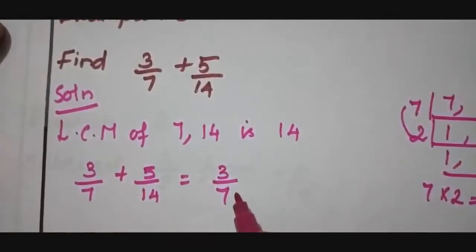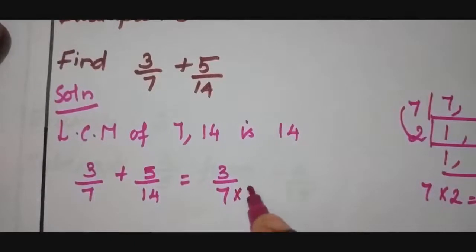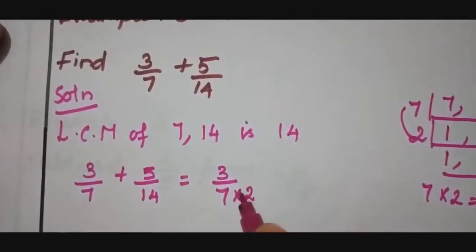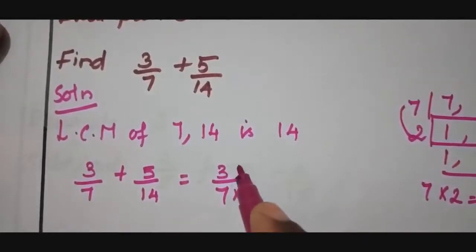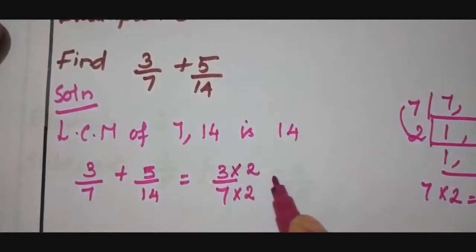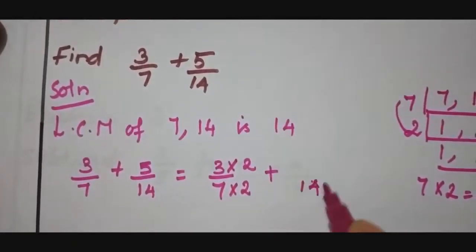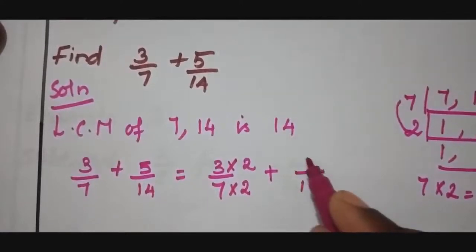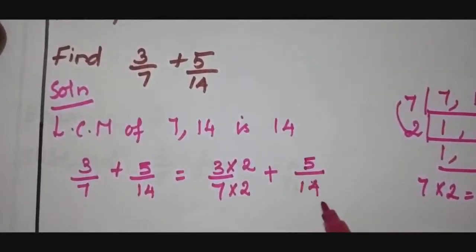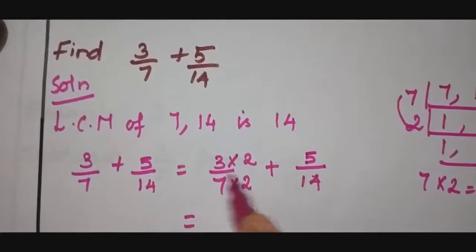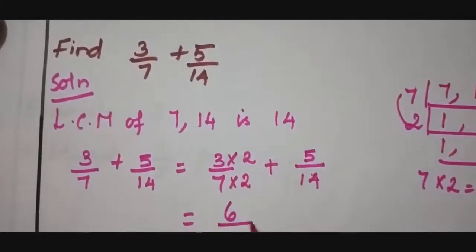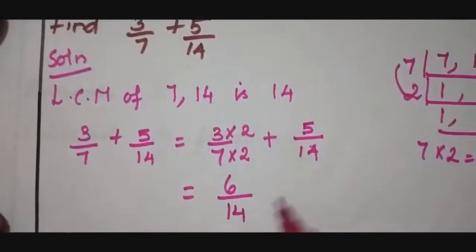So when you are multiplying this denominator by 2, you get the answer as 14. So multiply the numerator and denominator by 2. And here the denominator is 14, so you no need to multiply anything because your LCM is 14. 3 2s are 6, 7 2s are 14.